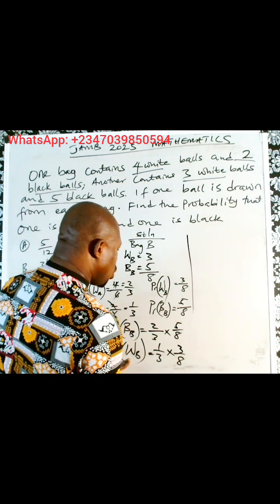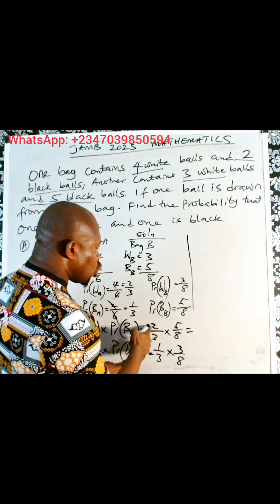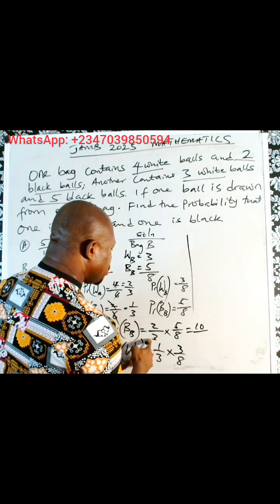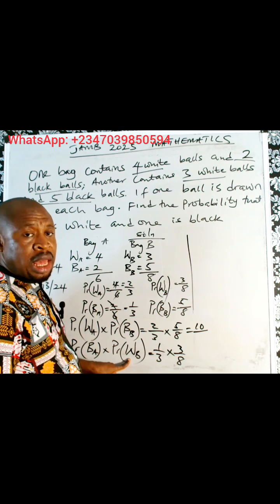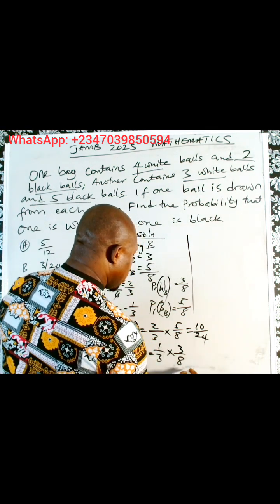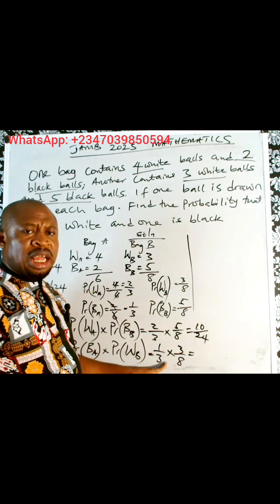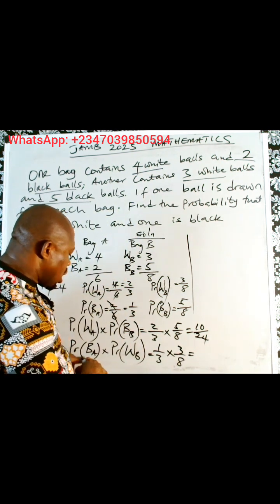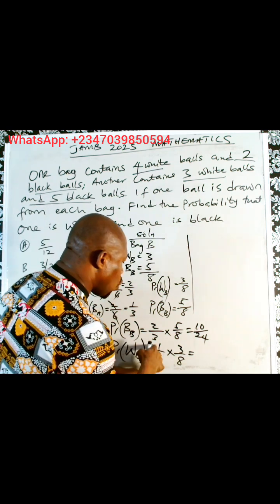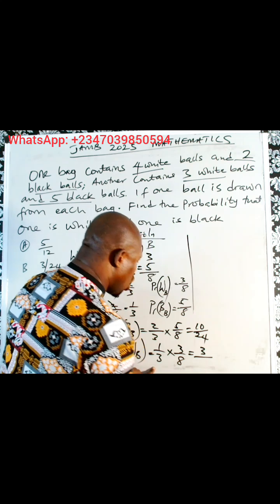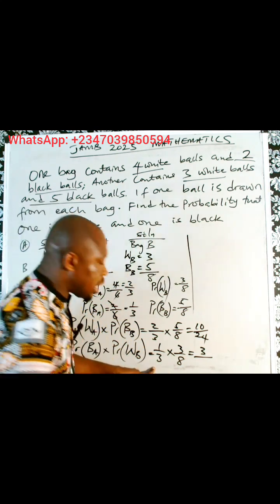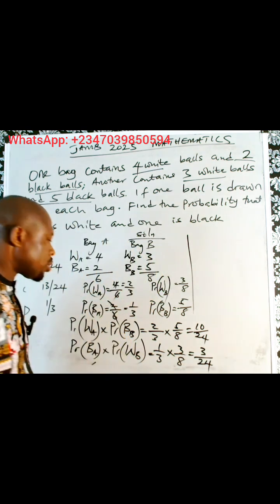For the first case, 2 times 5 is 10 all over 3 times 8, which will give us 24. For the second, 1 times 3 will give us 3 all over 8 times 3, which will give us 24.